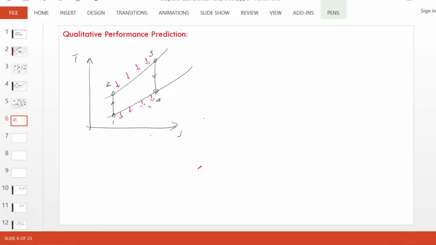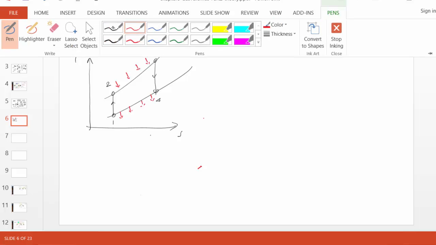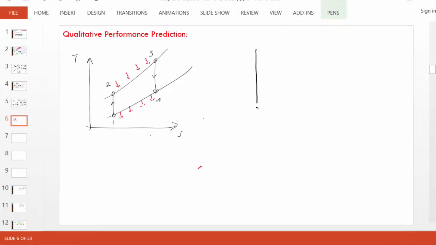But the temperature doesn't remain constant, whereas in a Carnot cycle, the big difference is that the cycle looks like a rectangle.